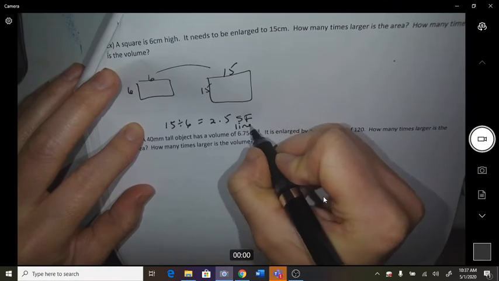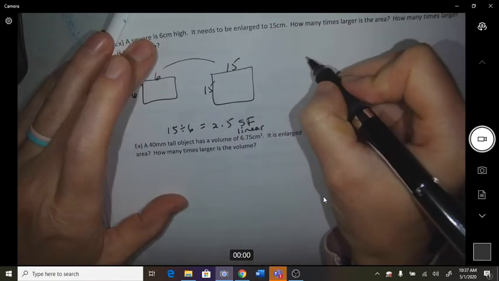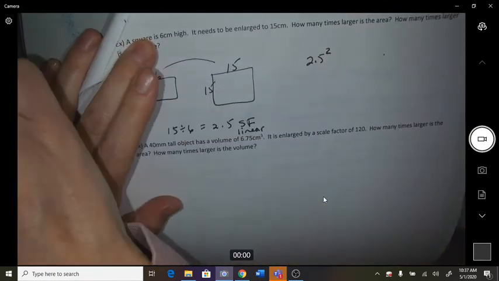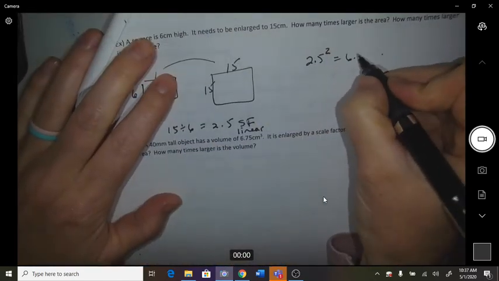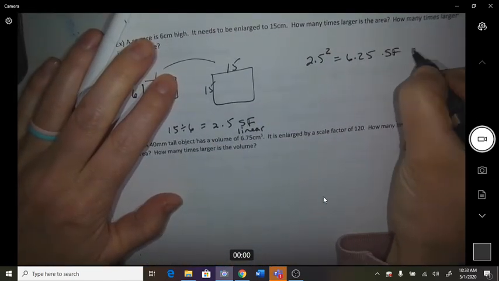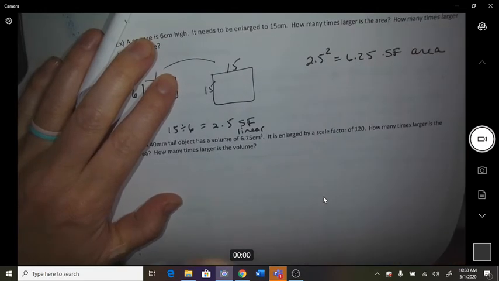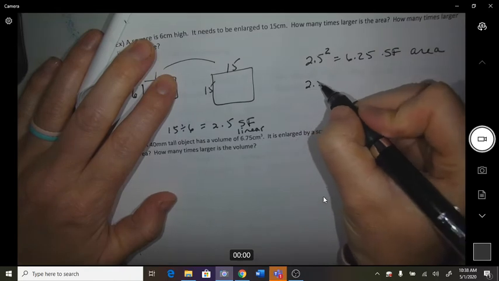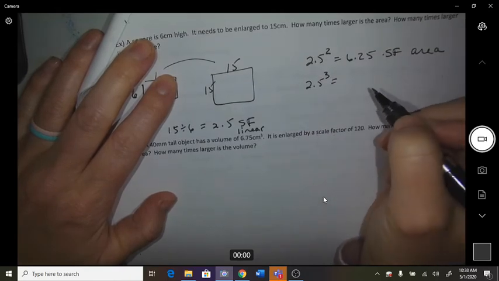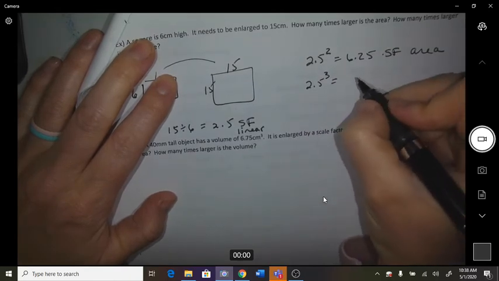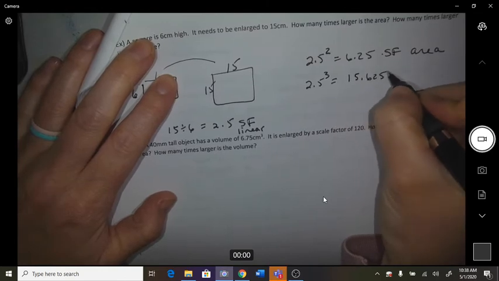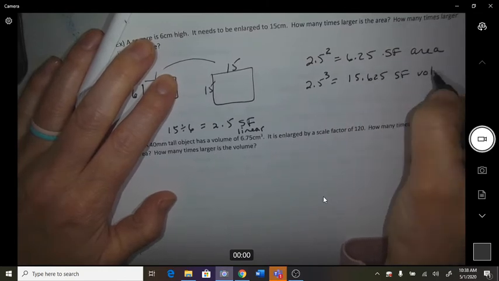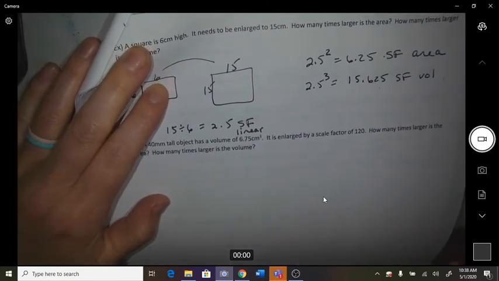So that's the linear scale factor. So 2.5 squared equals 6.25. So that's the scale factor for their areas. So the area is 6.25 times larger. And 2.5 cubed is 15.625. So the volume is 15.625 times larger.